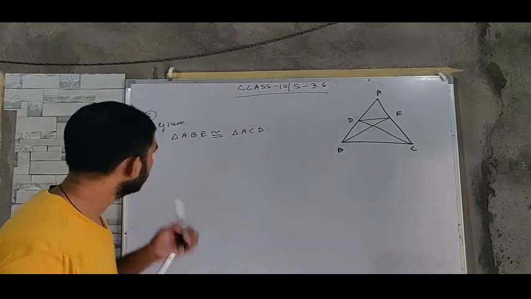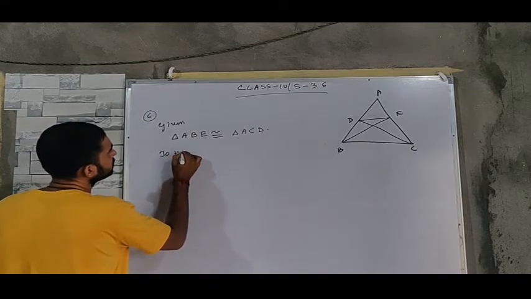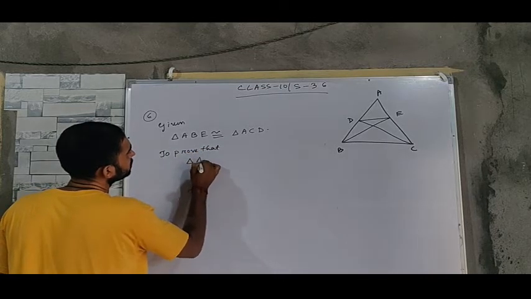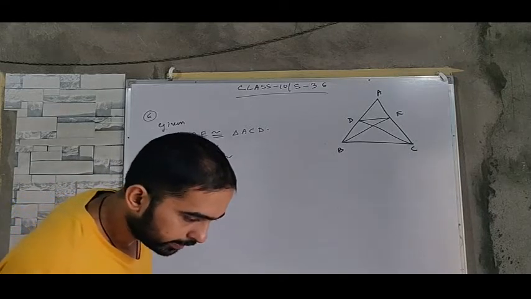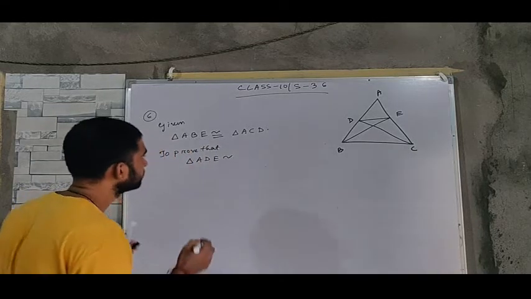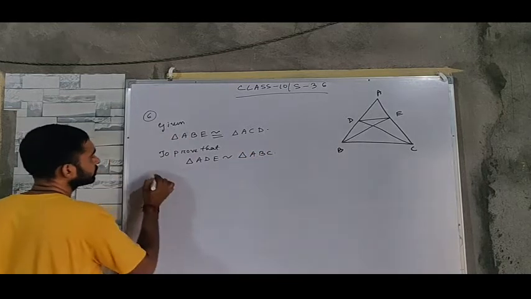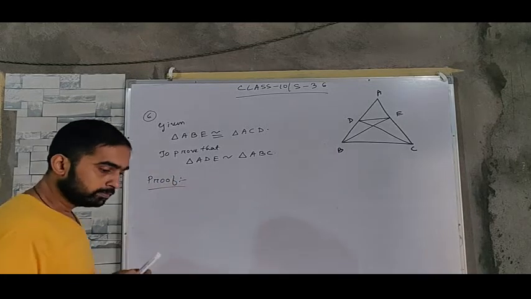To prove that triangle ADE is similar to triangle ABC. This is the question.